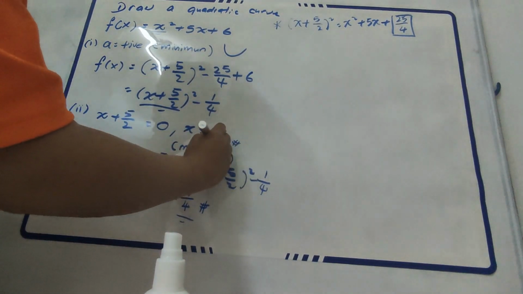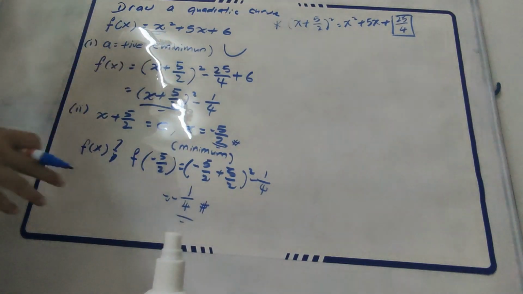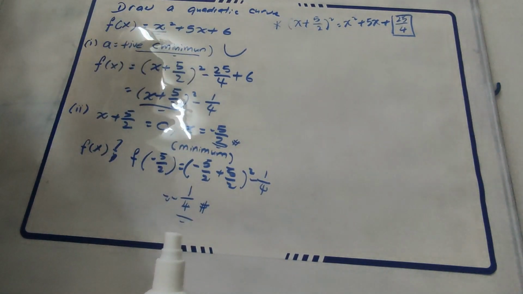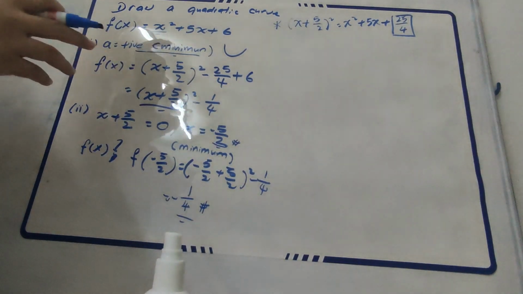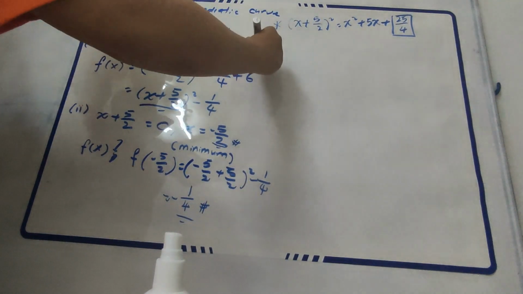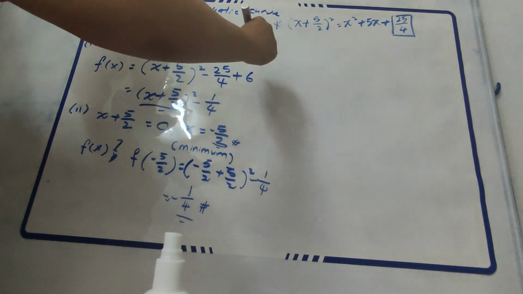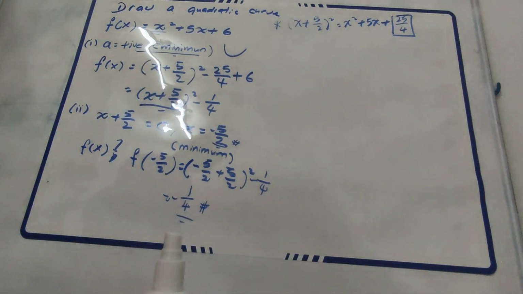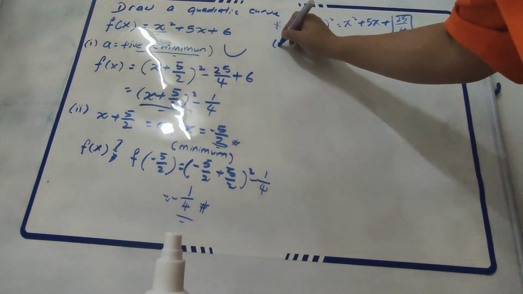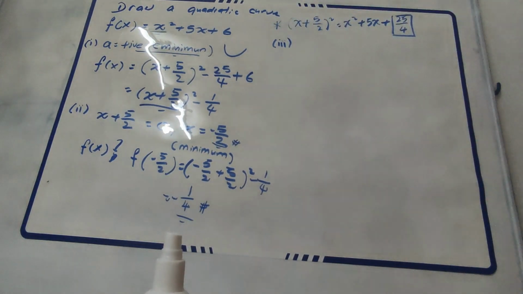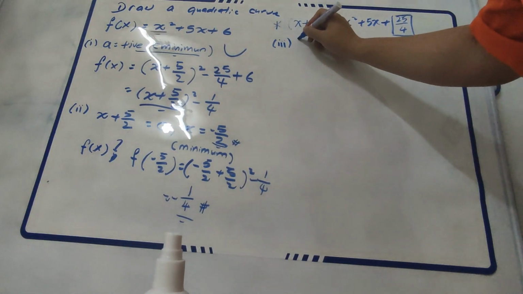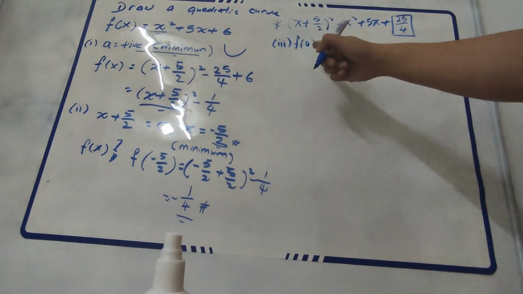Okay, also you need to find the minimum value for x and y. So this is the first part, determine whether the graph is a minimum or maximum, a smile face or a curve, the unhappy face, the other way around. Okay, so the third point is, if you want to draw a graph, you need several indicators. The third point: what happens if your x is equal to 0?